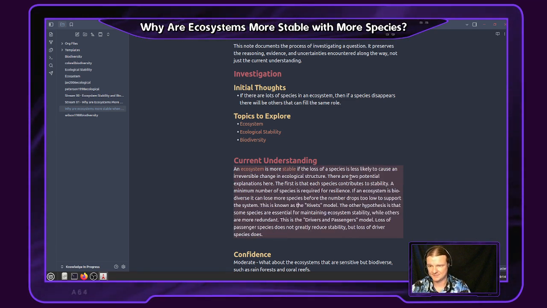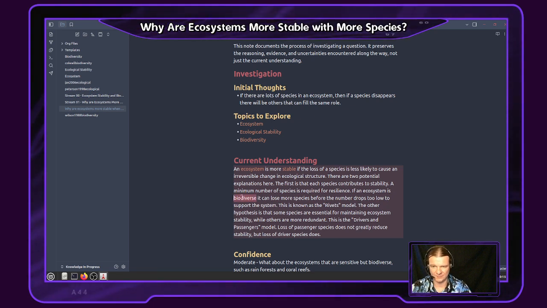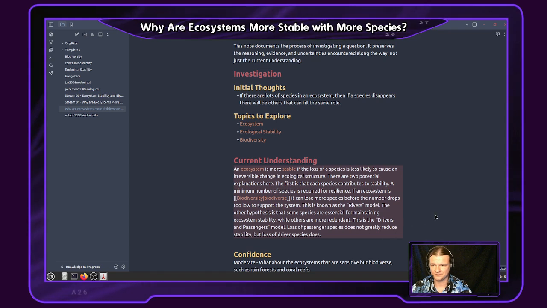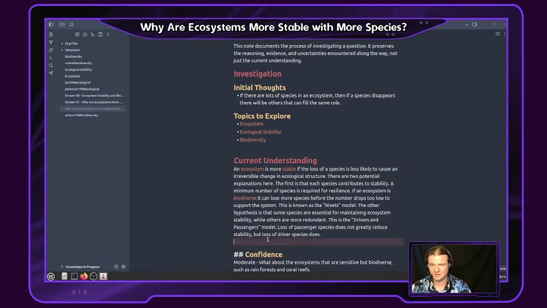And let's see. We'll take biodiverse, and I do not want that hyphen there. If it underlines it again, we will add it to our dictionary, but I think it's fine now. So we're going to do this. Biodiversity. Cool. So now our question has clickable links to each of these concepts.